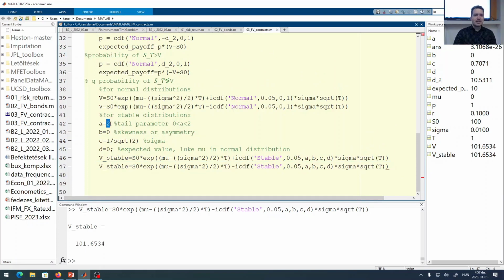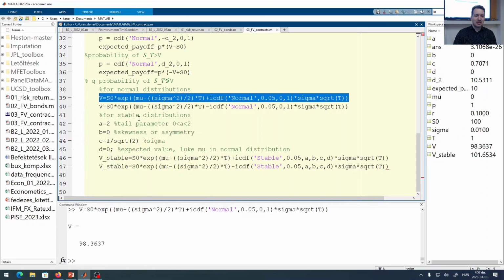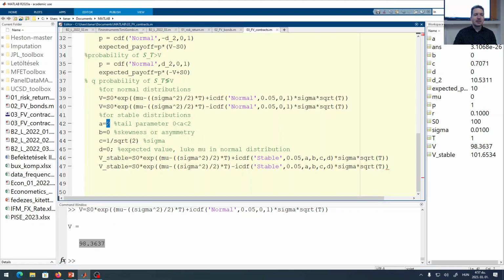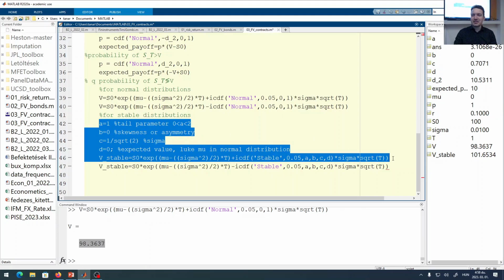So let's go back to the positive threshold. So we should be around 98. And what happens if we have longer tails? So instead of 2, let's say 1, because the model says that it will work well.